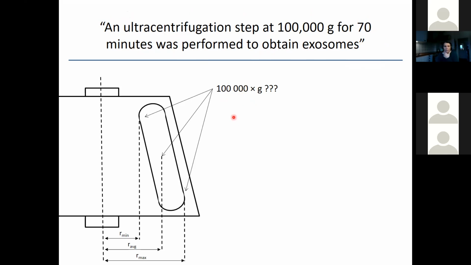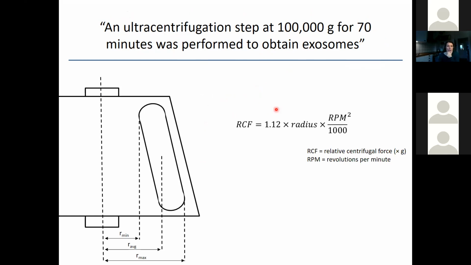Okay, so we can start with the first problem. The G-force is a calculation where you have the radius within the calculation, which means that you can calculate that you have 100,000 G in different parts of the tube.